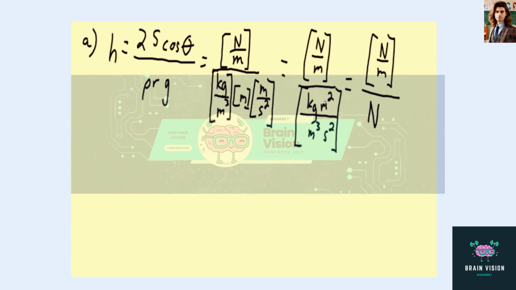So this is meters squared, so there's an extra meter there. And then there's this meters cubed down here.